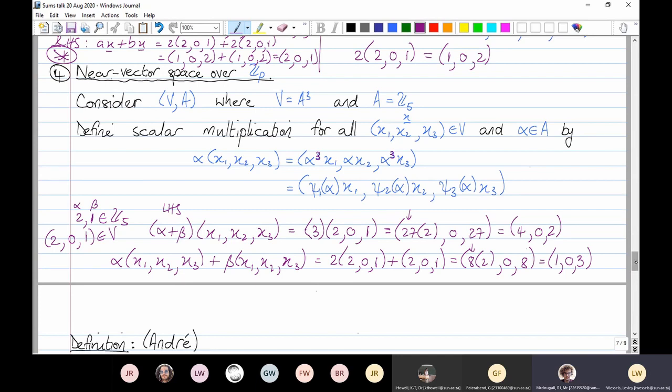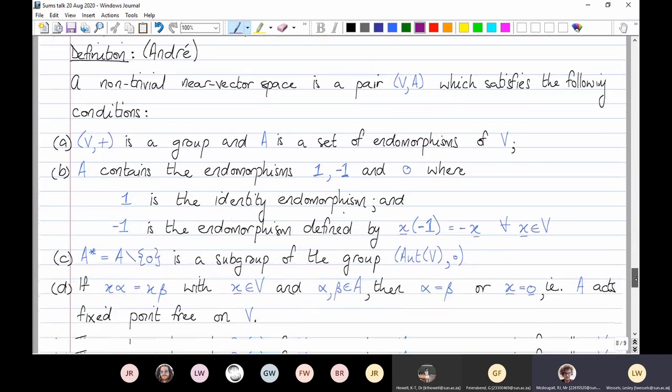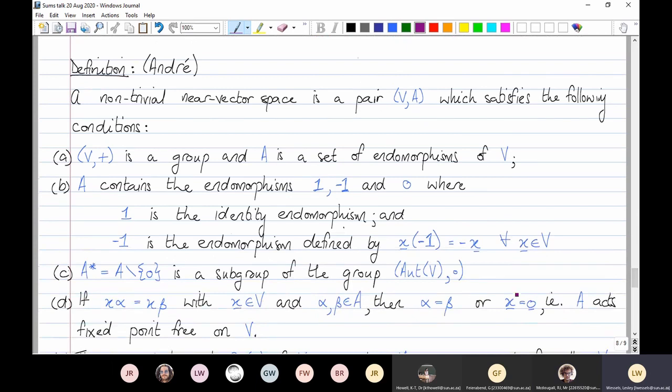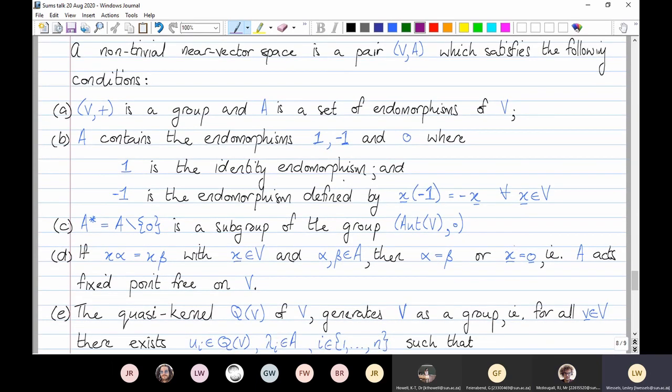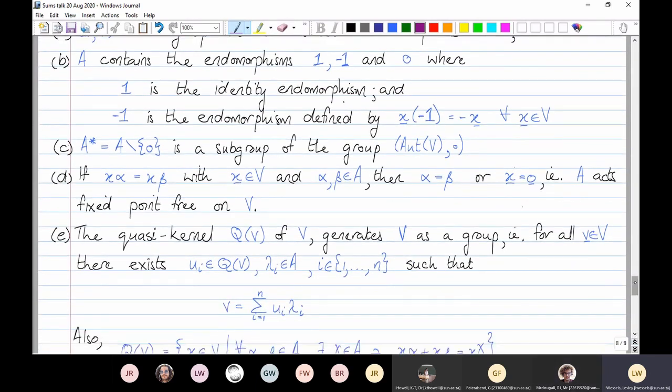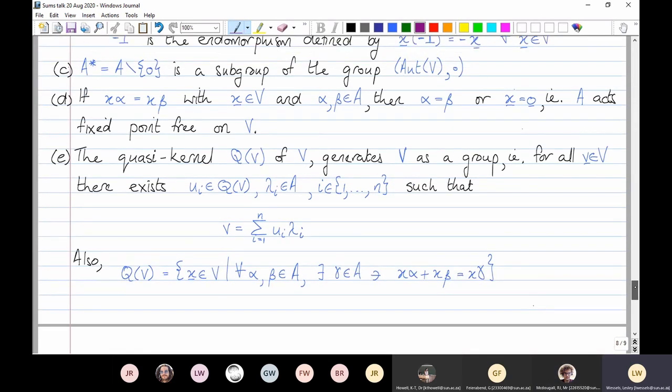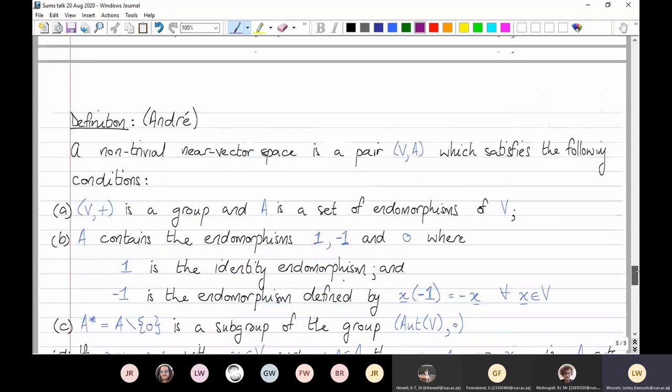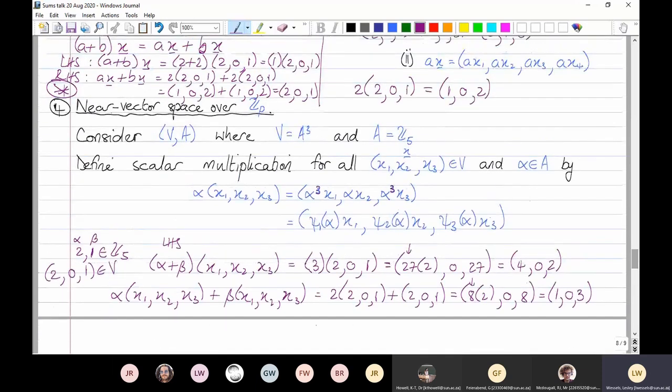So maybe I should just put up the definition, and you'll see why I didn't start with this definition, because I have 5 conditions that need to be met, and then you have something called the quasi-kernel. Yeah, so let me just stop here, and then maybe if anyone has questions. Sure. Cool. So the floor is now open for any questions.